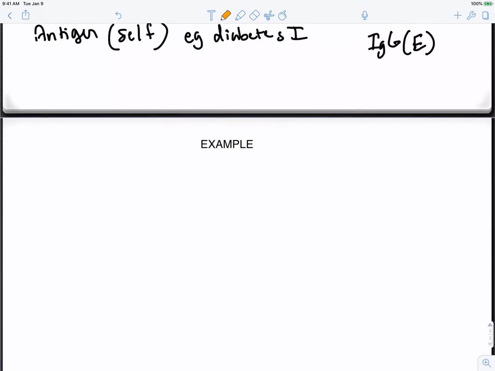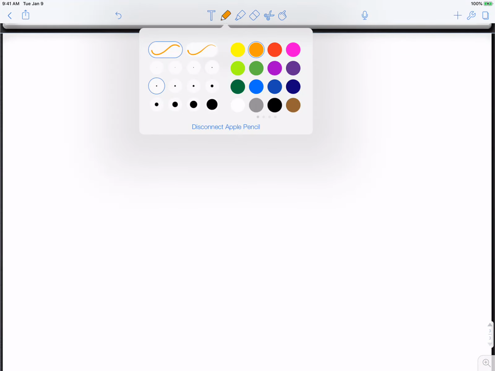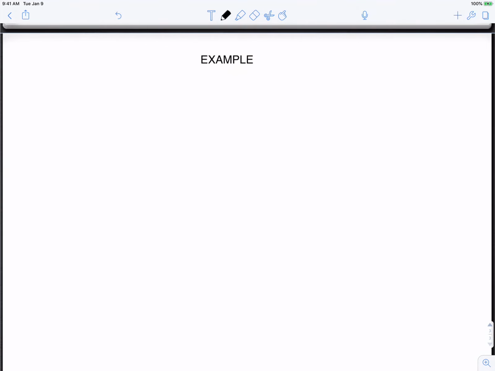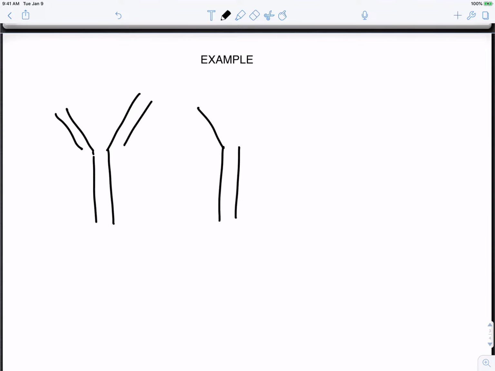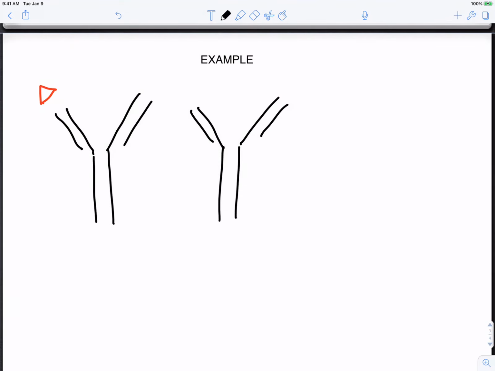All right, so let's just put this into a little bit more context and give an example. And also, this is a very good time to talk about specificity. So we have antibodies, and they're going to have a heavy and light chain. And at the end of these antibodies, they're going to be able to bind to a specific antigen. So we have an antigen here that is a triangle. And so the end of the antibody here would look like a pocket of a triangle.